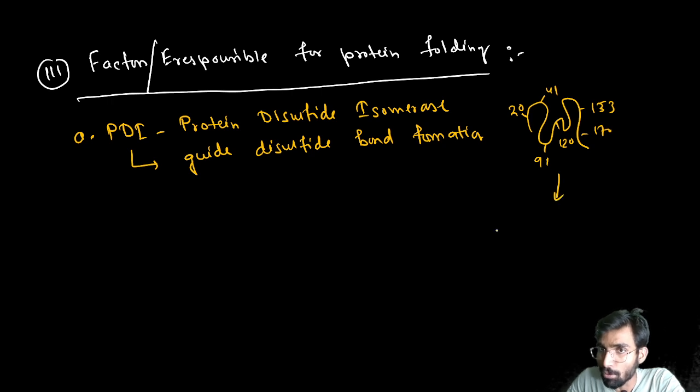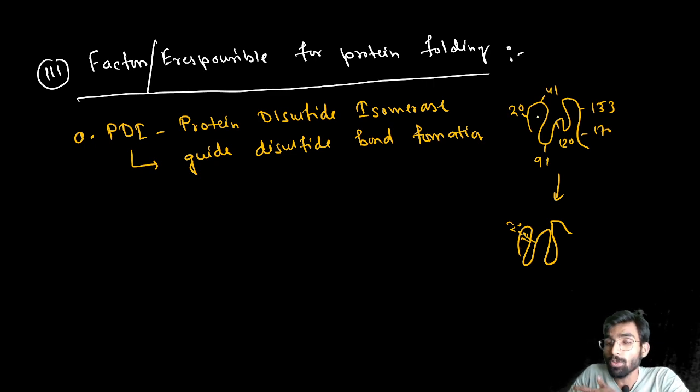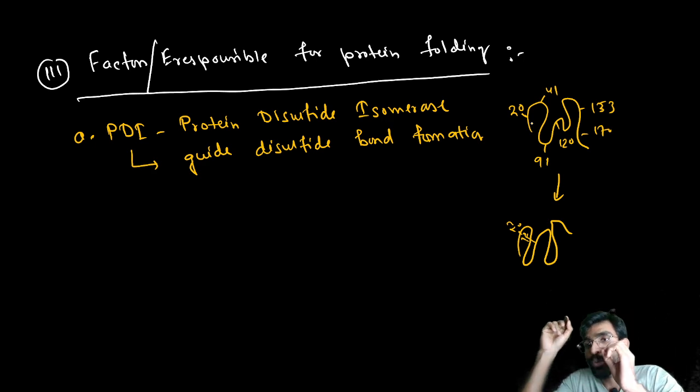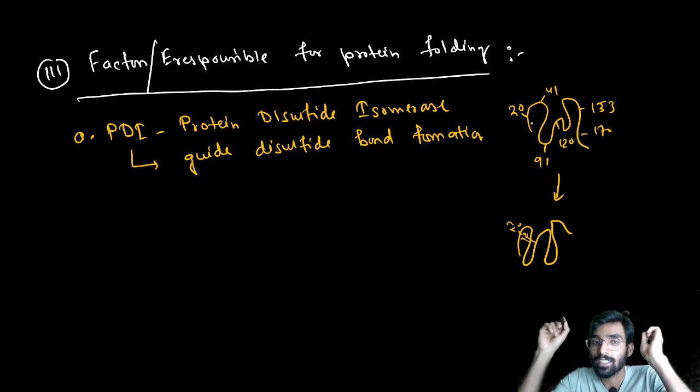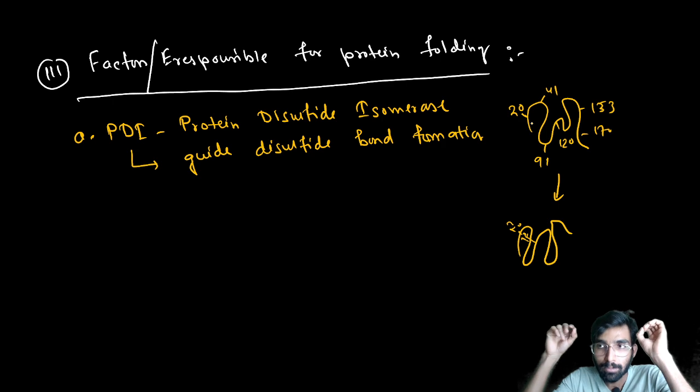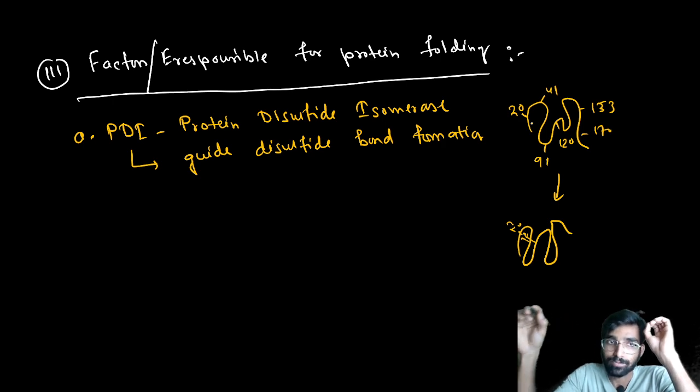But when the protein is folding, at that time suppose 20 is making a bond with 120, or with 91. How is this decided? That is by protein disulfide isomerase. It makes multiple disulfide bonds, and then it observes at which conformation the energy is minimum. We will see the energy concept. The energy is minimum because minimum energy means the protein is stable.